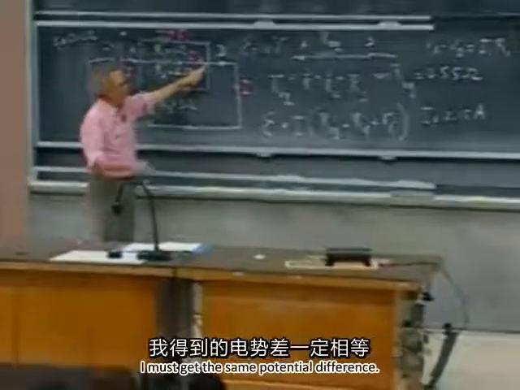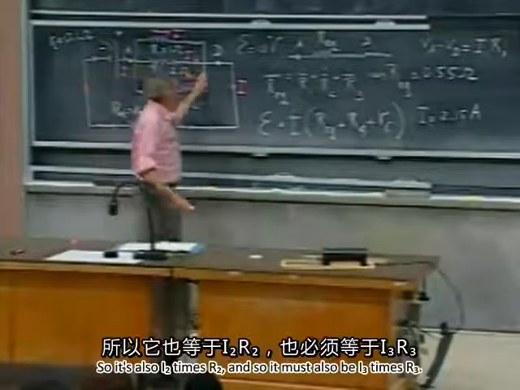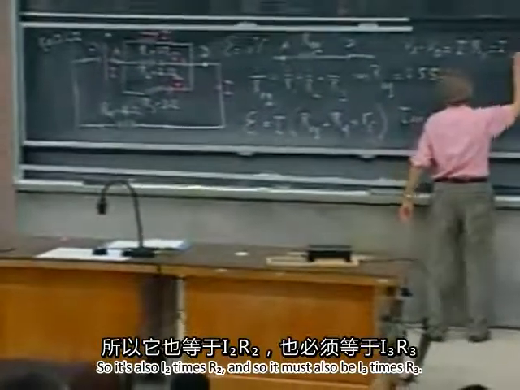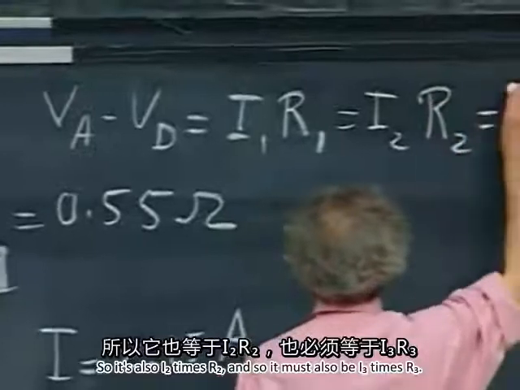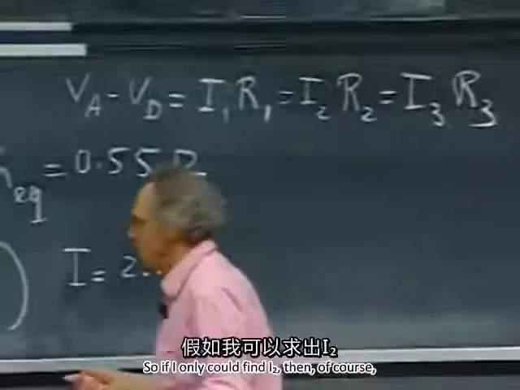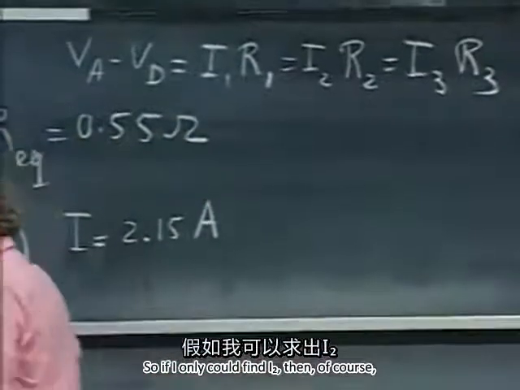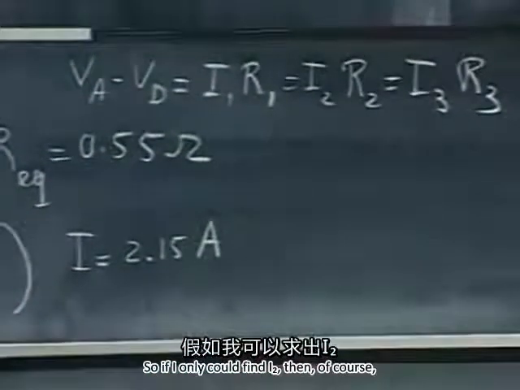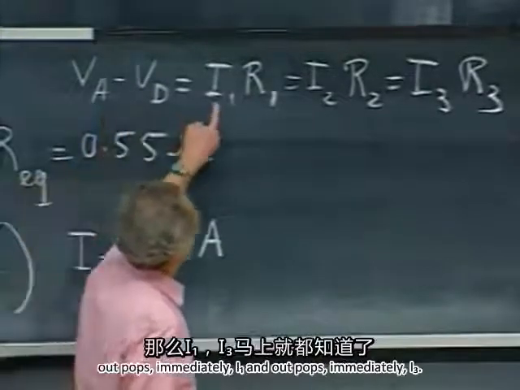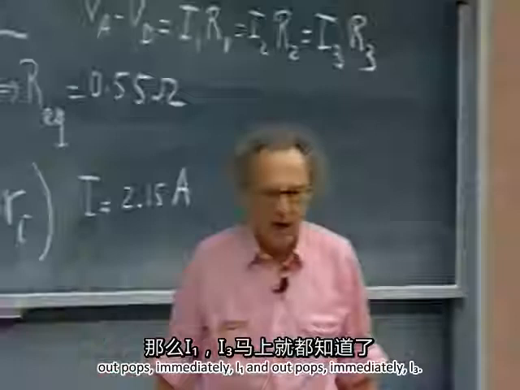The path doesn't matter. I must get the same potential difference. So it's also I2 times R2, and so it must also be I3 times R3. So if I only could find I2, then of course I would know the potential difference. Out pops immediately I1 and out pops immediately I3.